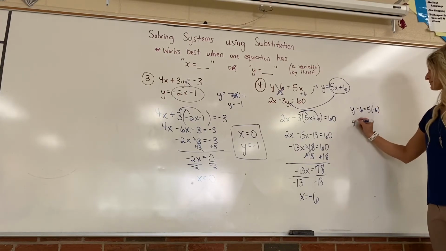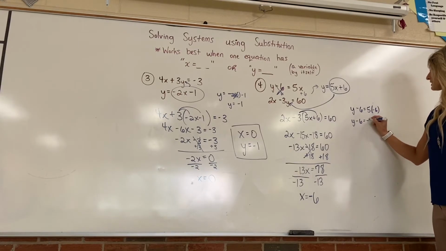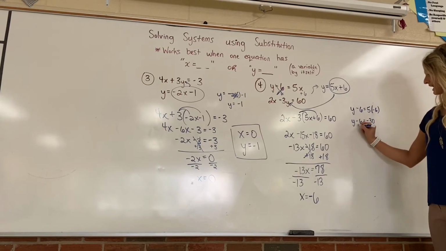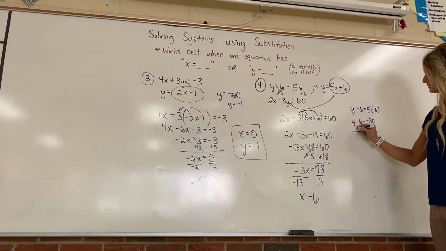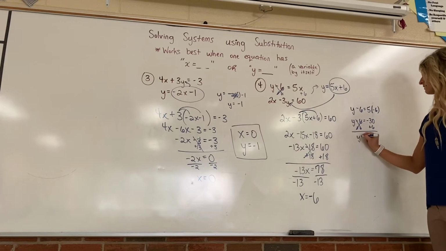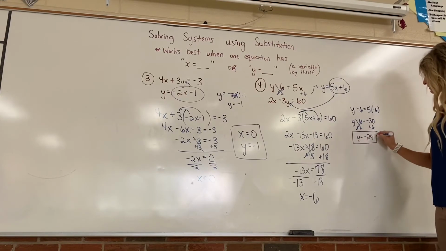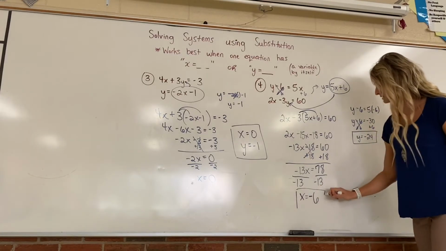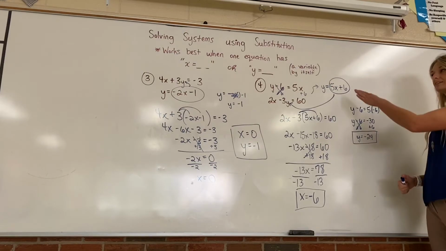Okay, so y minus 6 comes down. 5 times -6 is -30. And then I have to add my 6 to both sides. So those go away. And then y would equal -24. So there's my x, there is my y. And then if you needed to check it, you would just plug it in and make sure that it works in both equations.